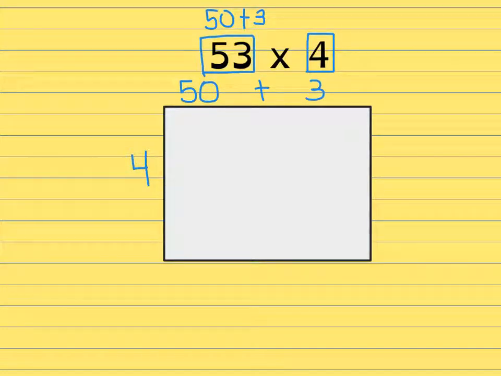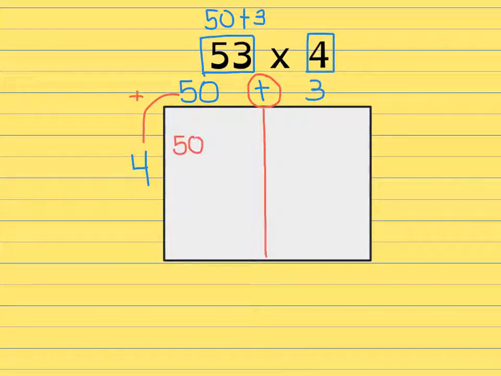If you did the 50 plus 3 on this side and the 4 on the other side, that's fine too. It doesn't matter. Now, find your plus sign and draw a line. Solve the multiplication equations in each box.